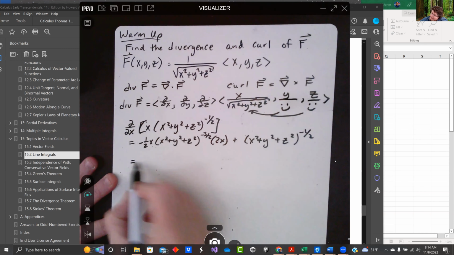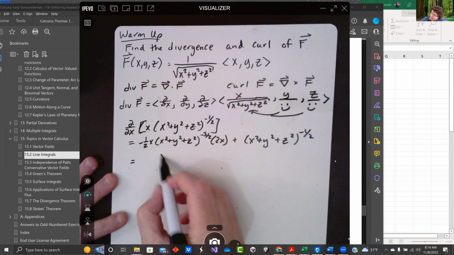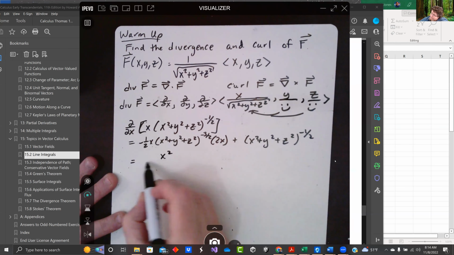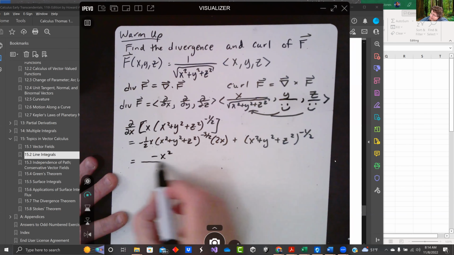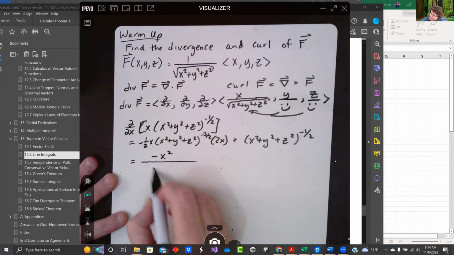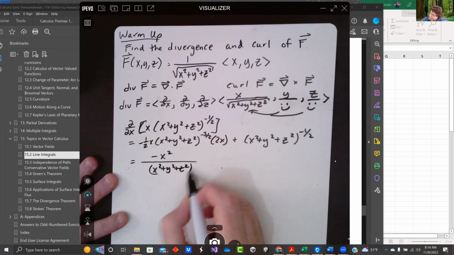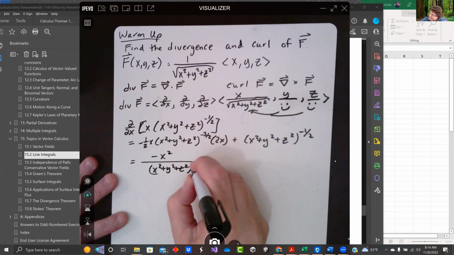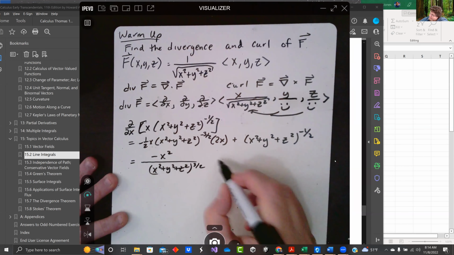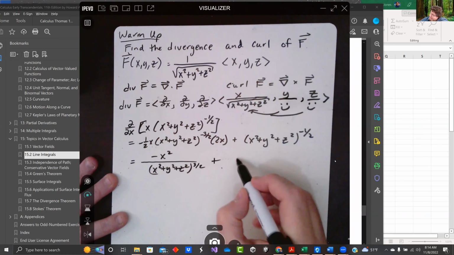So what do I have? I've got a negative x squared on top. And then I've got x squared plus y squared plus z squared to the -3/2. We'll put this down here as to the 3/2. And then I've got plus 1 over that.